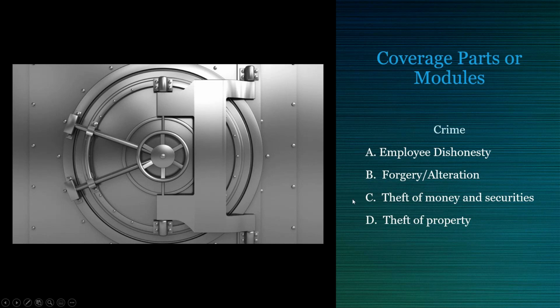Coverage C, theft of money and securities, is theft from outside parties. Because if your employees stole your money and securities, that would be employee dishonesty. Coverage D is theft of property, like inventory, from outside parties. Right? Because if your employee stole your inventory, that would be coverage A, employee dishonesty. Okay. And so that's how you want to understand it. Coverage A is your employee did something wrong against you. Coverage B, C, and D are outside parties.